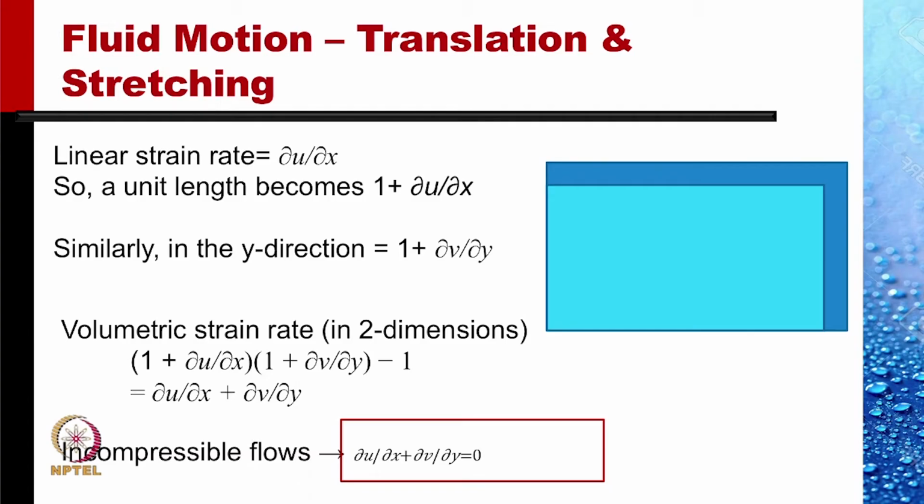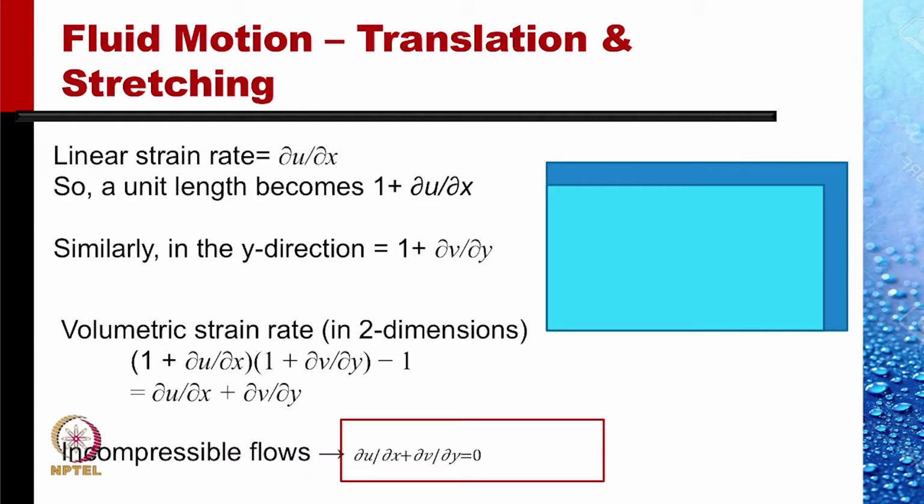and so the volumetric strain rate in two dimensions would be the current volume, which is 1 plus delta u by delta x into 1 plus delta v by delta y, minus the original volume, and so this is du by dx plus dv by dy. This is the volumetric strain rate.